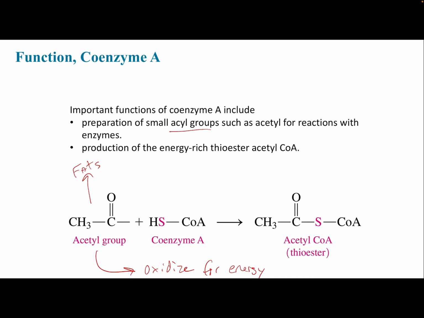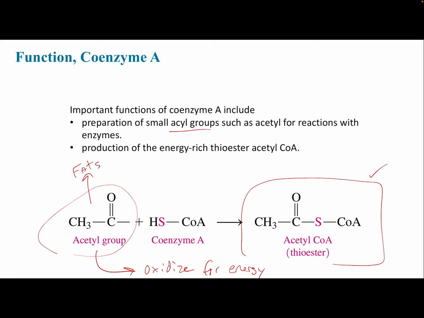All right. Let's see. So coenzyme A's main functional function is that it lets us make this molecule. Without coenzyme A, we wouldn't be able to make acetyl-CoA. Now, acetyl groups you're going to see are really common.